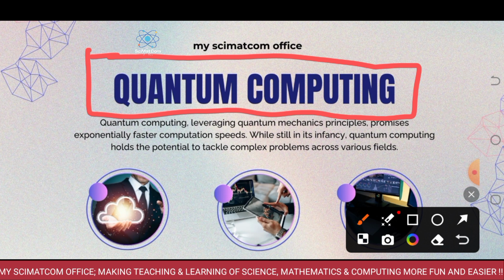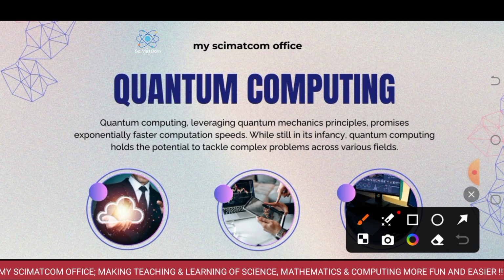These computing devices work under the principles of quantum mechanics. And these principles work with both AI and parallel processing. They use parallel processing hardware, and they also use artificial intelligence.